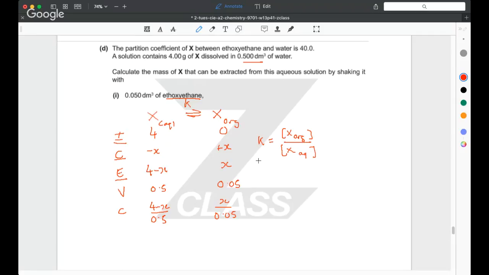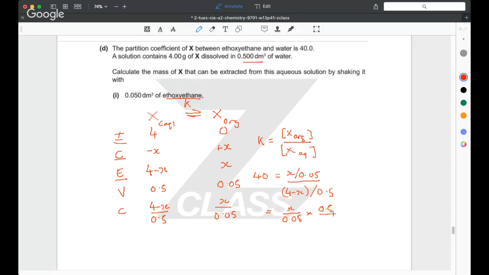Substituting our numbers in, we know that this equilibrium constant, that's called the partition coefficient, is equal to 40. And you've got that concentration divided by that concentration. Okay, you just got to hold your nerve here because it's looking a bit messy. All you've got to do there, because you're trying to find out this value X, what mass of the solute has gone into the organic phase, is a little bit of maths.